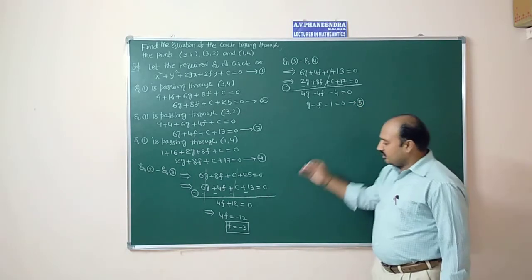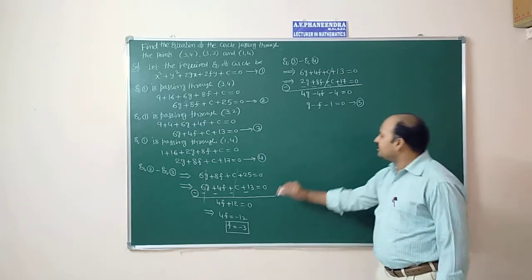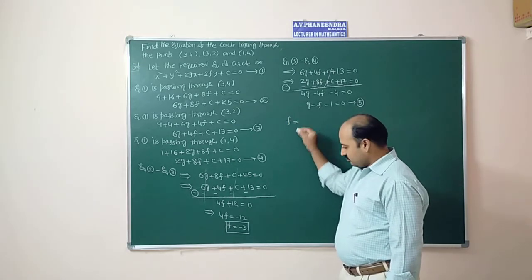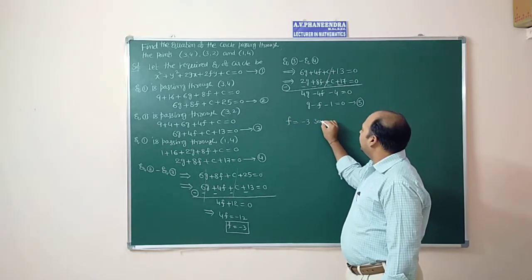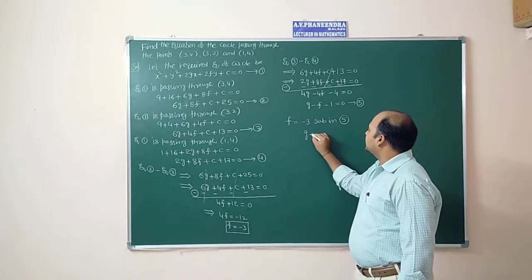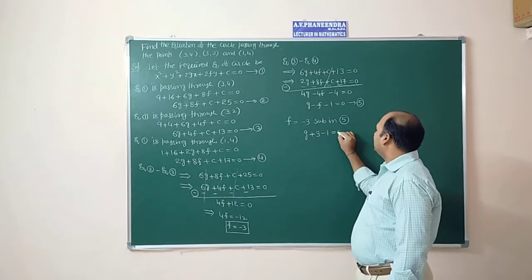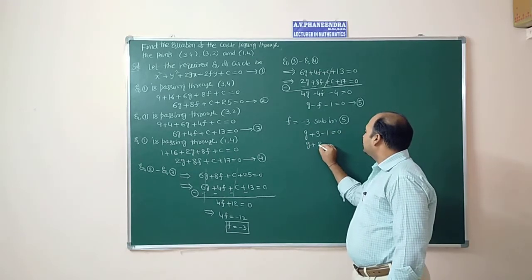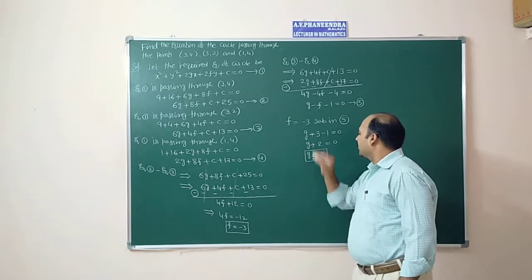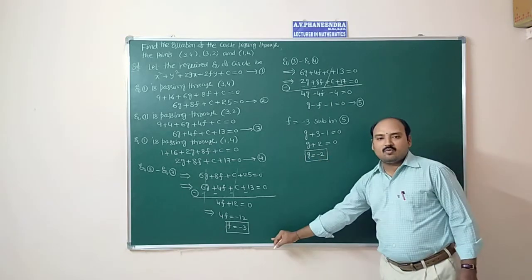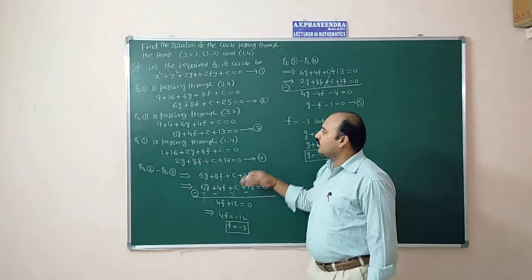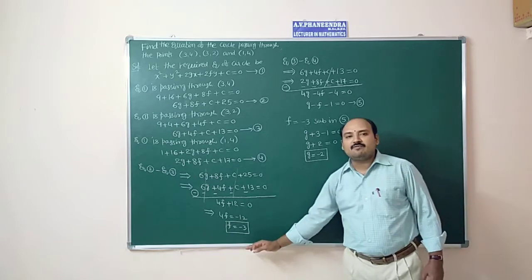In equation 5, the f value we got from here. So f is equal to minus 3, substitute here, and you will get the value of g. So g minus of minus 3 minus 1 equal to 0. g plus 2 equal to 0. So g equal to minus 2. g value, f value we got. To get c value, in either the second, third or fourth equation, you have to substitute g and f values.